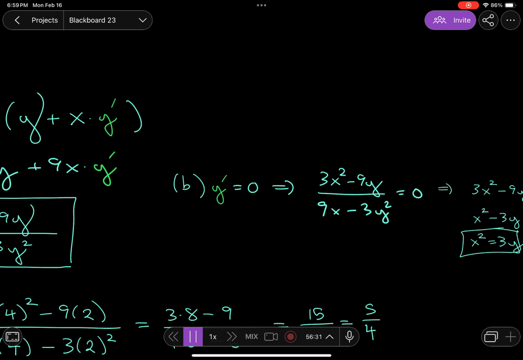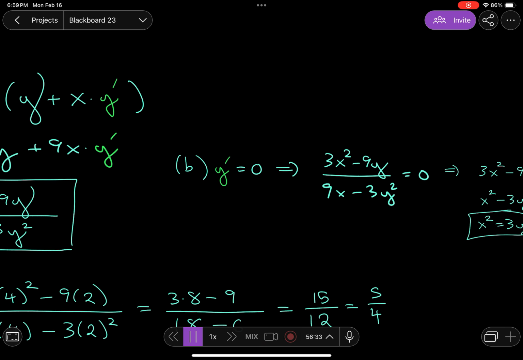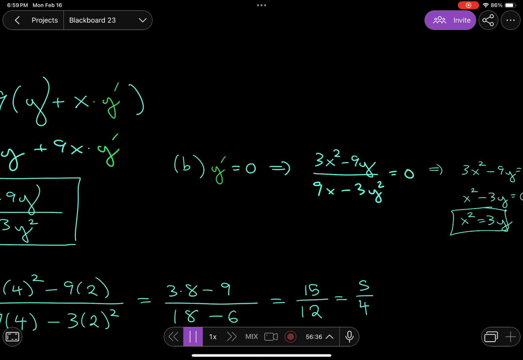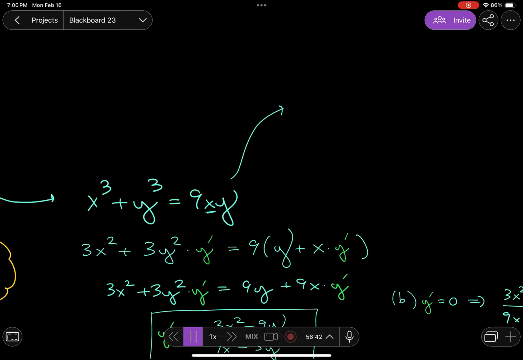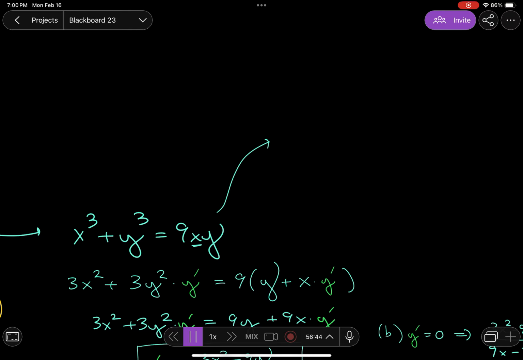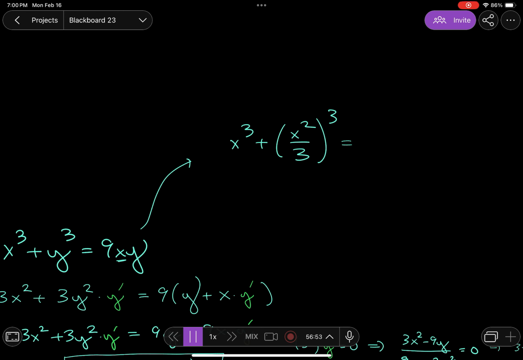So how do we move on from here? I would say replace y with x squared over 3 in this equation. Each y is replaced with x squared over 3, so we got x cubed plus x squared over 3 cubed is the same thing as 9 times x squared over 3.